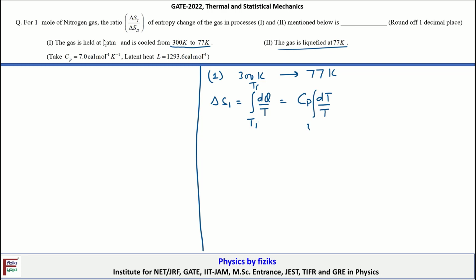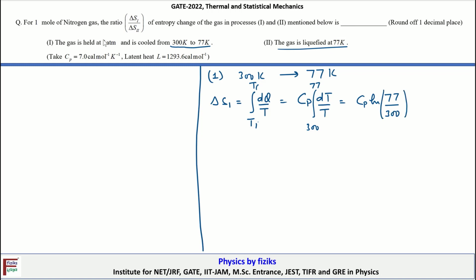So this is equal to Cp ln of the final temperature, 77 Kelvin, divided by the initial temperature, 300 Kelvin.